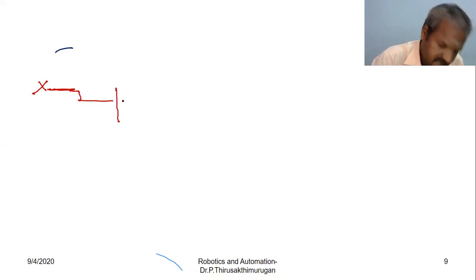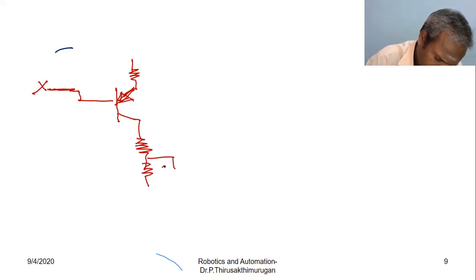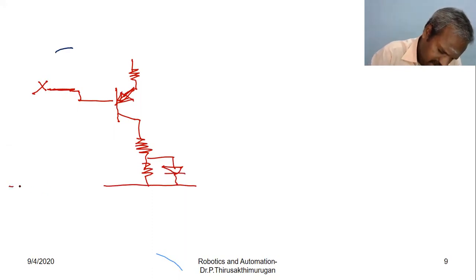This output stage consists of a PNP transistor. Okay, PNP transistor. So this is the PNP transistor. This is the output indicator.